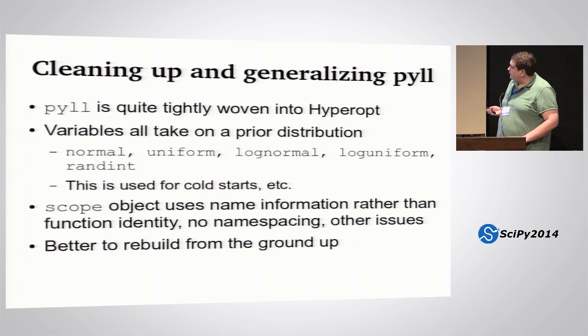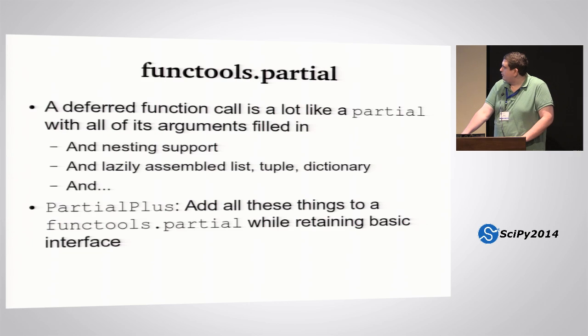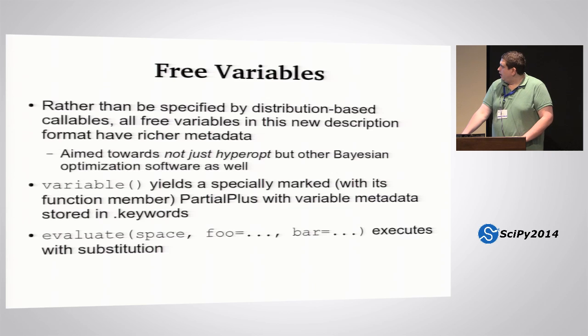We thought about using pyll for this, but for a variety of reasons, it is very tightly woven into Hyperopt. And there are some other design choices that we wanted to avoid, so we rebuilt it from the ground up. In particular, we noticed the similarity to functools partial, and we basically extended this into something that we uncreatively named partial plus.